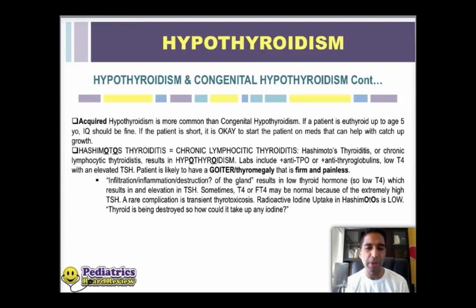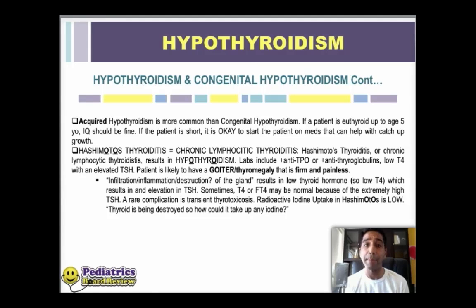So remember that in Hashimoto's thyroiditis, your TSH is going to be high, but your thyroid hormones might be normal for a little while because there is so much TSH around. A rare complication is transient thyrotoxicosis.